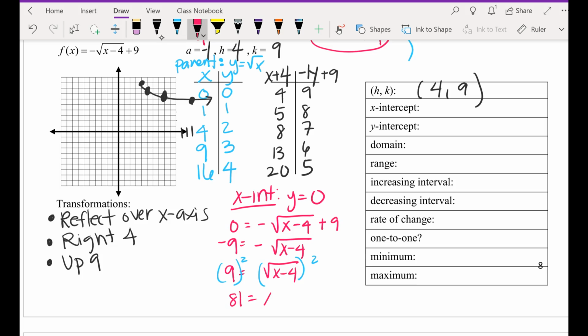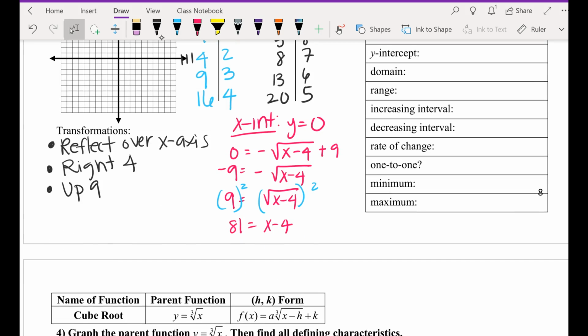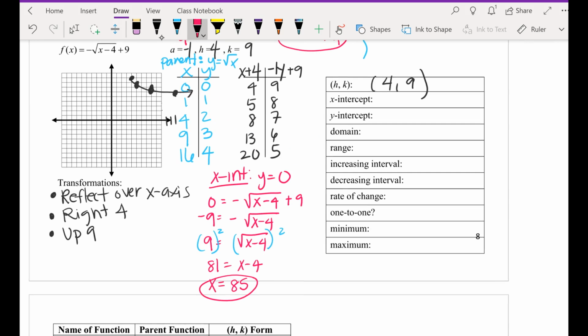What do we do next, Dominic? Add 4 to both sides. So x is at, Jonah? 85. Perfect. Okay. I'm not going to have obviously enough grid to graph 85, but you need to understand that it will intersect the x-axis when x is 85.